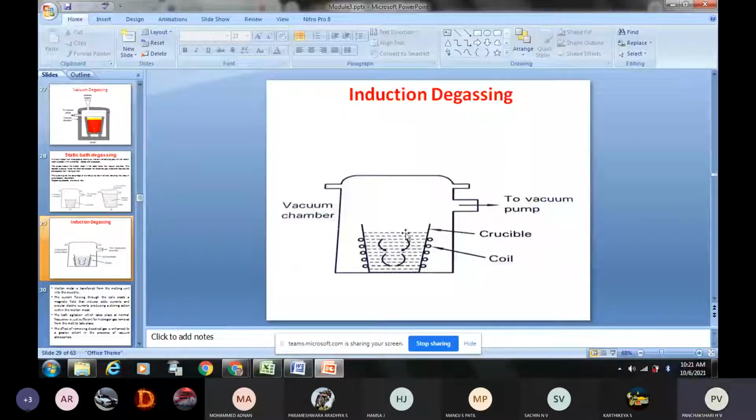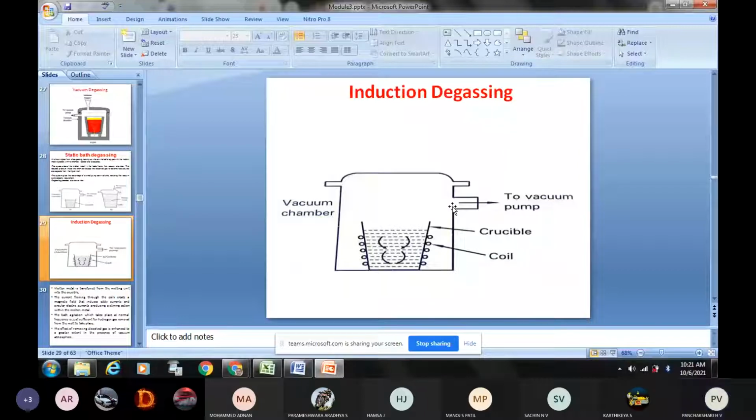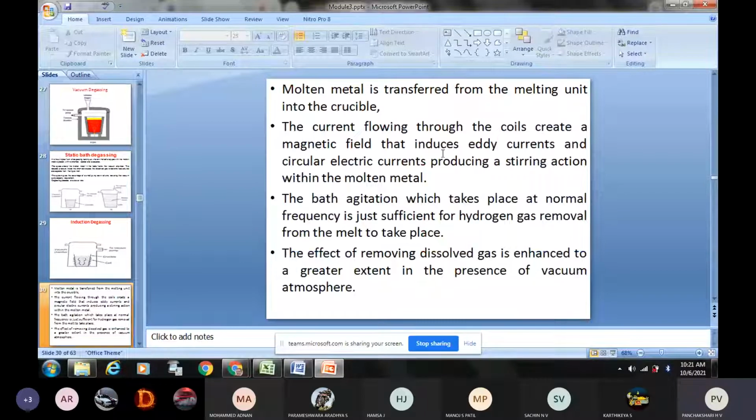Okay, this is vacuum induction degassing. All are vacuum degassing only. See, the same thing is explained here, whatever I explained till now, in terms of paragraphs or bullets. Molten metal is transferred from the melting unit into the crucible.